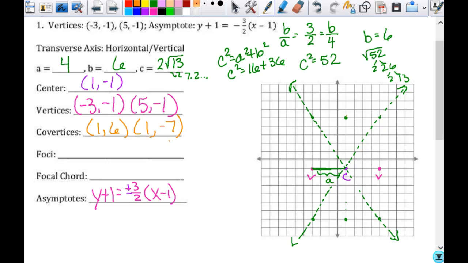So to find the foci, I take the center and I'm changing the x value, right? So the y value is 1. It's going to be 1 plus 2 square root of 13 and 1 minus 2 square root of 13.